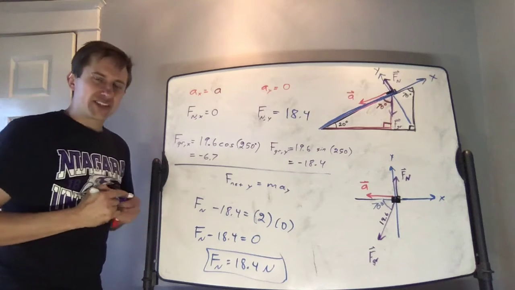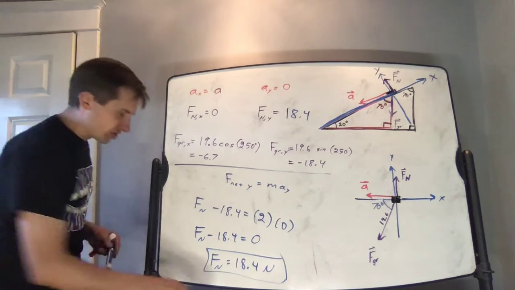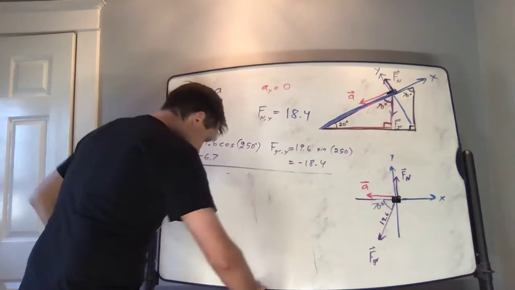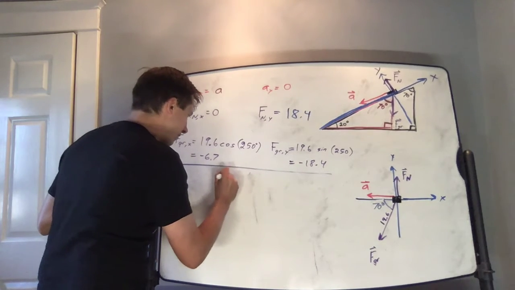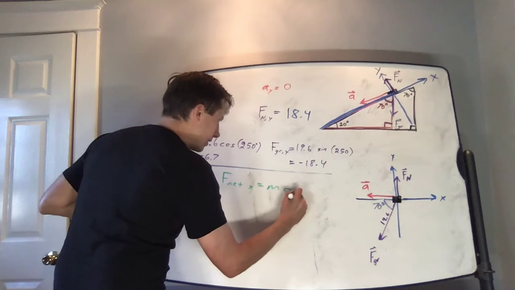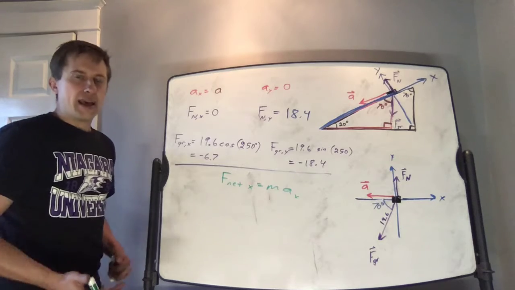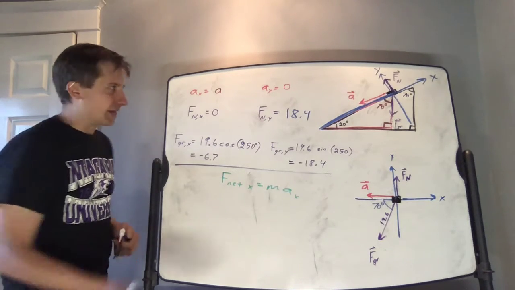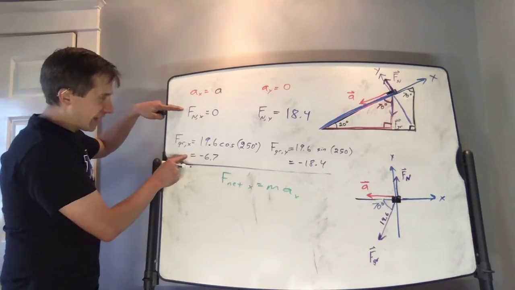Now let's find the acceleration on the crate. To find the acceleration on the crate, I'm going to solve Newton's second law in the x direction. So I'm going to set up F net x equals max. Now, the left-hand side of Newton's second law, again, I could just turn my brain off, go on autopilot. I just need to copy what I wrote in this chart up here. We have two forces in the x direction.